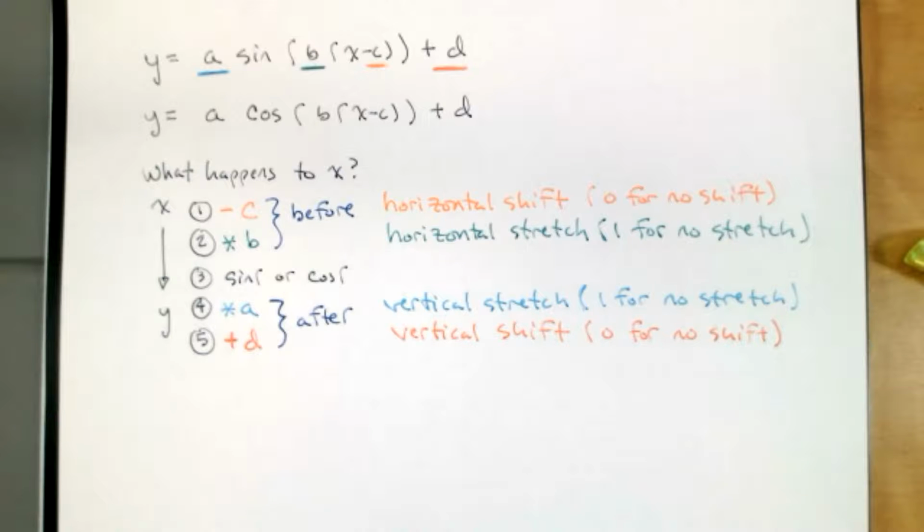So let's take a look at these functions with generic constants A, B, C, and D. And let's look at these on a graphing calculator. Let's look at these on my favorite graphing calculator, which is most definitely not the TI-84.